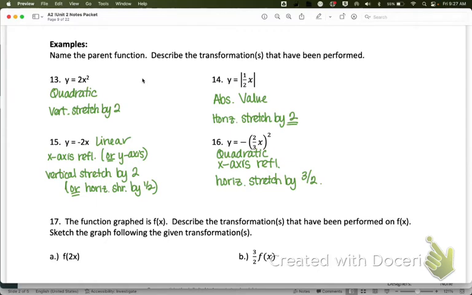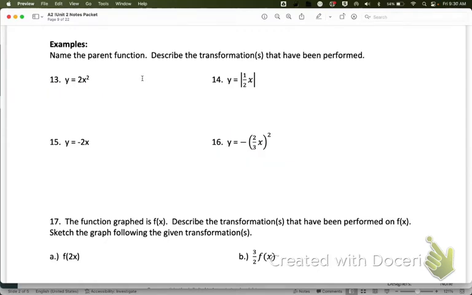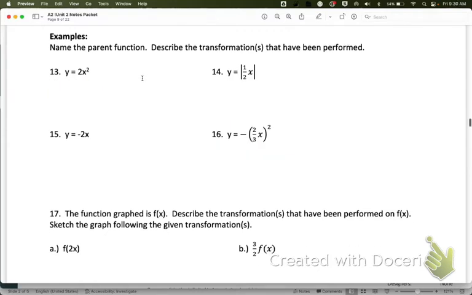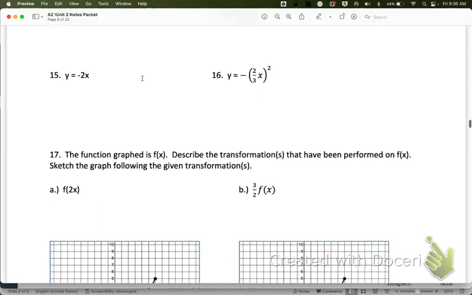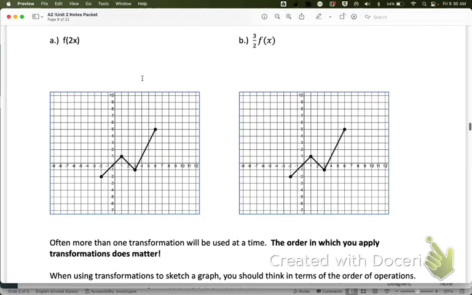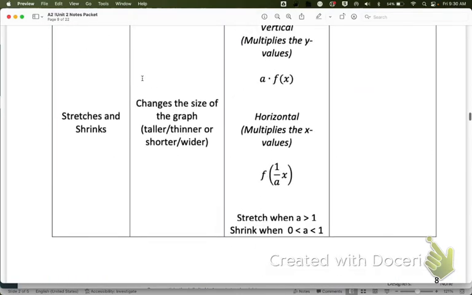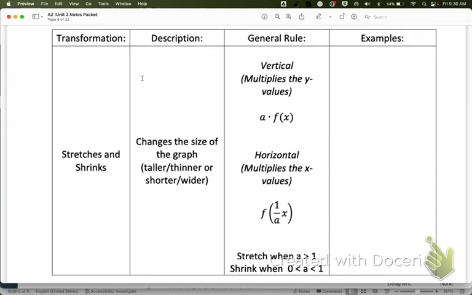Okay. Last thing to talk about today is how do we perform this kind of a transformation on the graph itself, okay? Now, if we scroll back to this page for just a minute, this is the key here. If you have a vertical stretch or shrink, that's going to multiply the y values of your function.